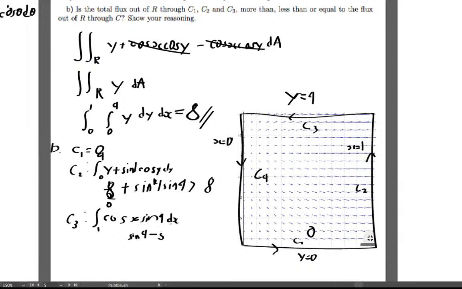So what you get is sine 4, subtract that by sine 4 cosine 1. No, no. When you do the integral, it just turns into sine x. Sine x at 0 is something, but then this guy would be sine 1 sine 4.